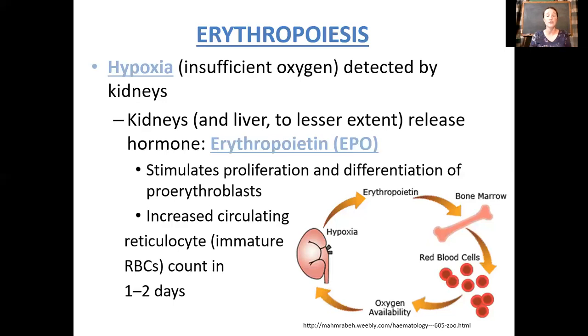So that is to start expressing red blood cell genes as opposed to megakaryocyte genes, as opposed to white blood cell genes. And so within the next day or two, the red blood cell content, or the precursors to red blood cells, are going to start increasing in the blood. So it only takes about a day or two after EPO is released to actually increase the content of red blood cells.